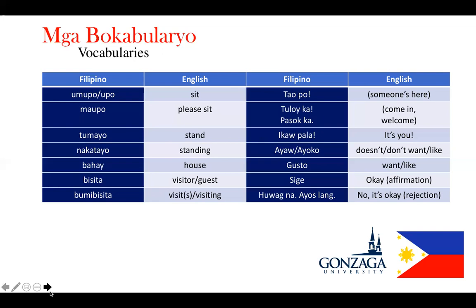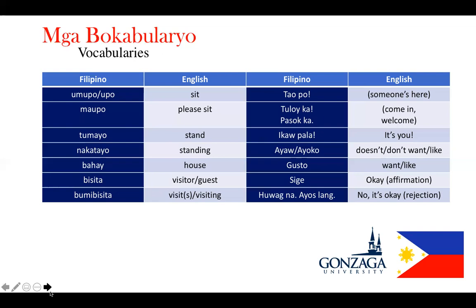Nakaupo ba si Carissa? What is upo? Sit. Nakaupo ba si Carissa? Opo. Okay. Upo, opo. Okay, they're different. Okay. Bahay is house.